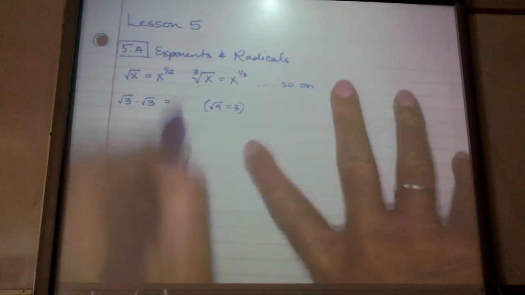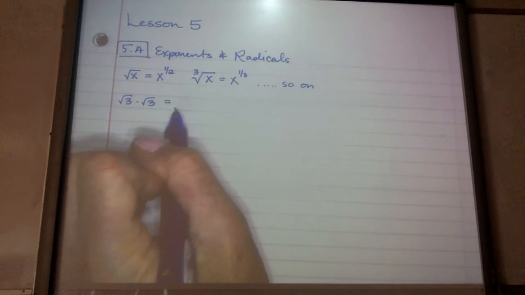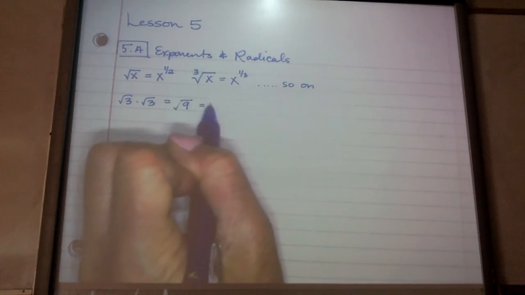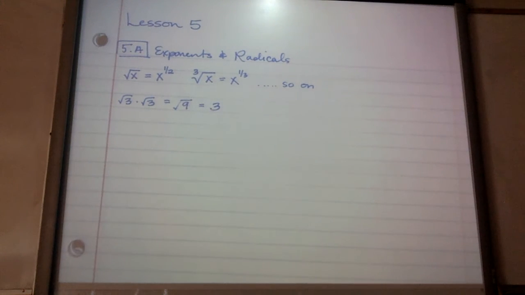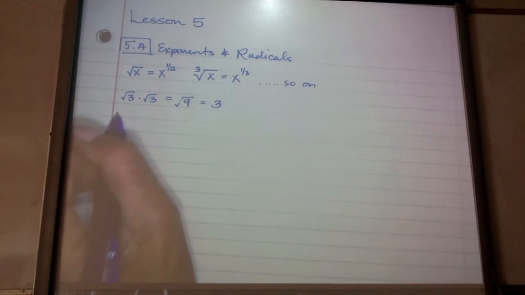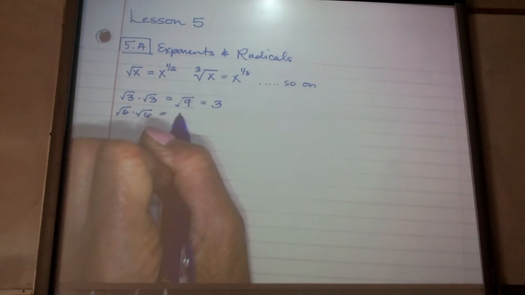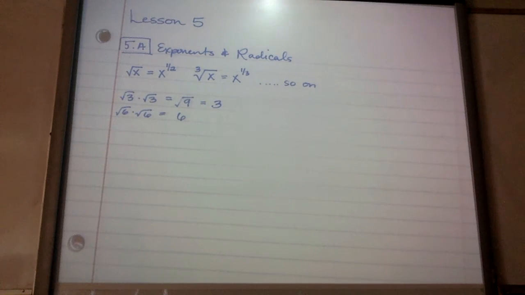That's the square root of 9, which is just 3. And that is true for anything. So the square root of 6 times the square root of 6 is just going to be 6, because I would get the square root of 36. Those are some things that are going to help you later.